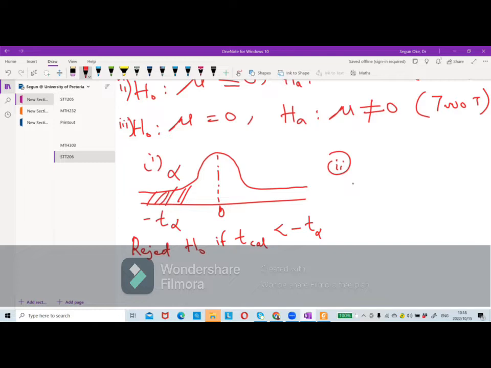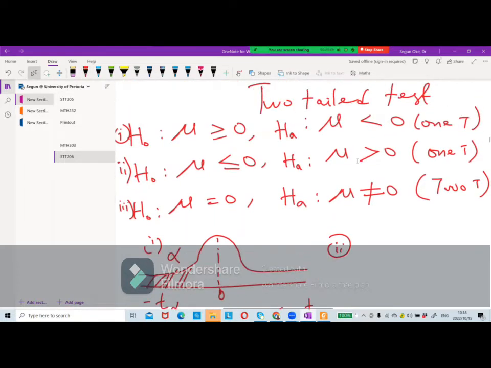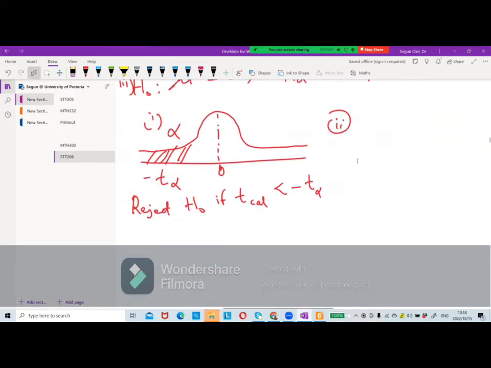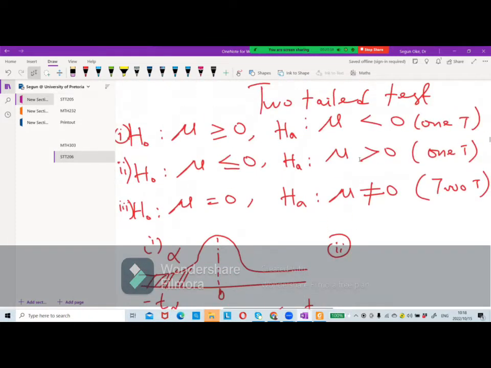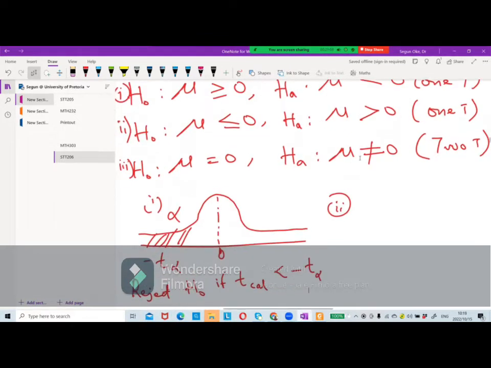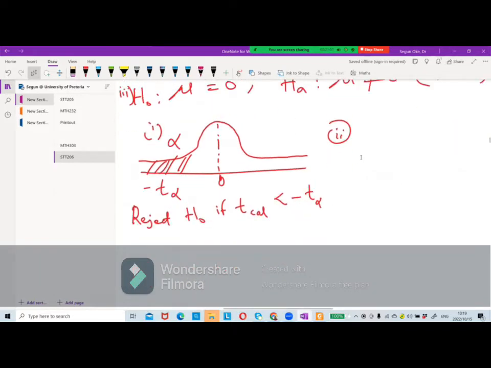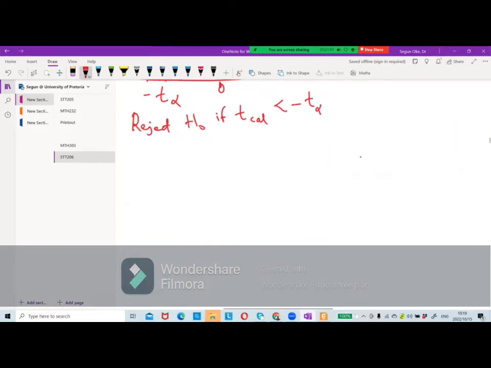Then Roman figure 2, because they can ask you, at what region do we reject? Please take note. Roman figure 2 says our claim is greater than. Let's look at our claim. Our claim is the alternative.